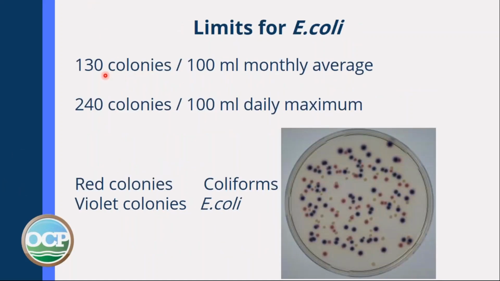The limits for E. coli are lower, 130 and 240 colonies as the daily maximum. And this is an example of what we call a Petri dish with agar in it.